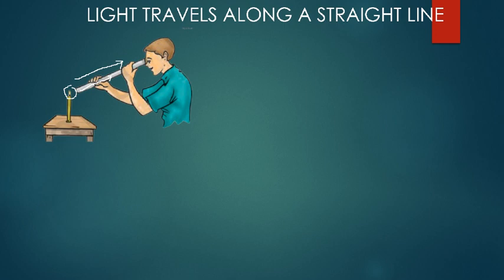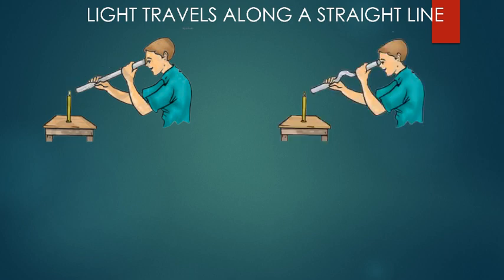But then if you take a tube which is not straight, look at this picture. Here, the tube is not straight, it is curved. Now in this case, if you see this flame, the light travels straight till here, but then it will not be able to take a bend like this and go.